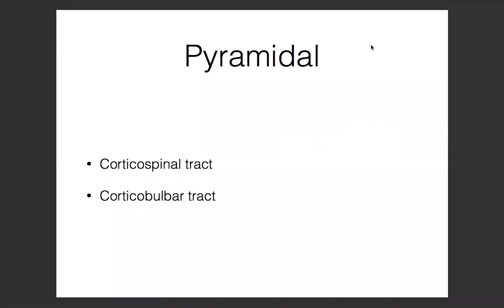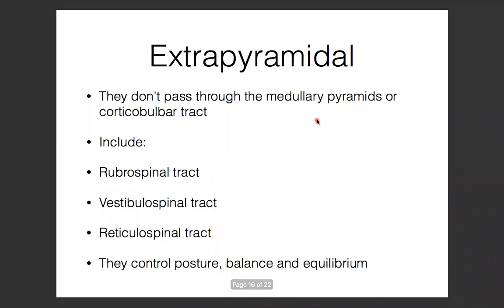Now let's move to the extrapyramidal tracts. They don't pass through the medullary pyramids or the corticobulbar tract, so they don't go through these areas. They go somewhere else, and they usually start somewhere that's not in the brain.